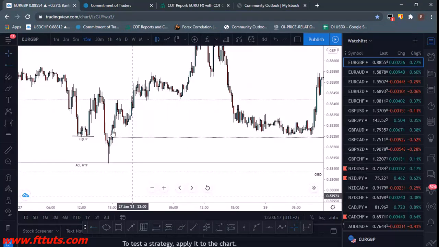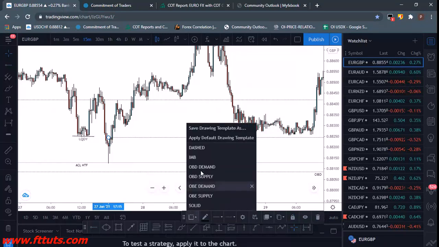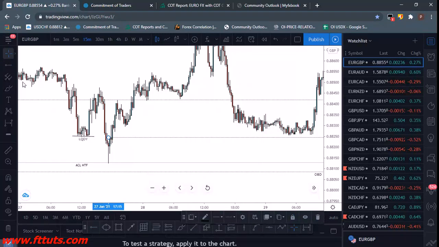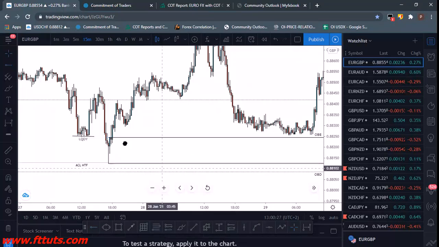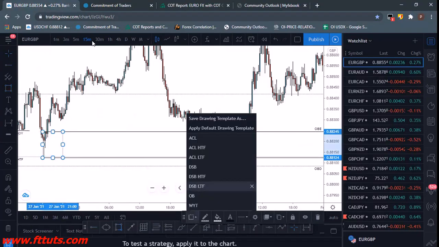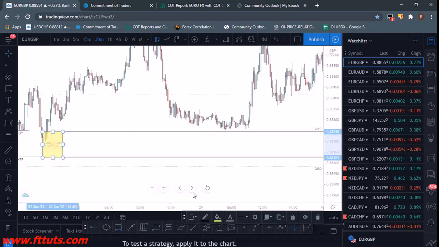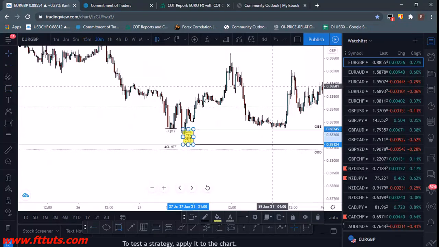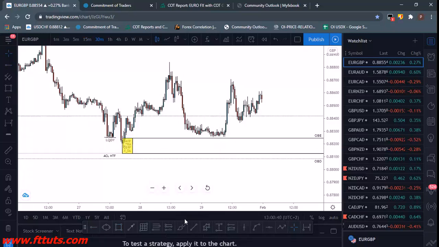I took the whole area, the OBE demand. Yeah, it was supposed to be my entry, which price did not even get me in. It was supposed to be entered somewhere here.